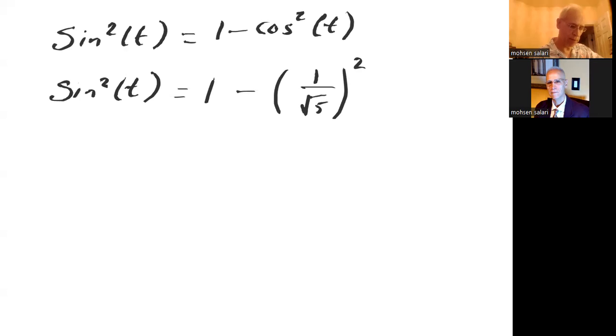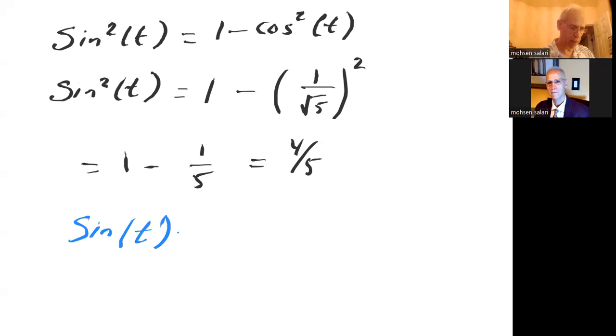And so it's going to give me 1 minus 1/5, which is 4/5. And so that tells me that sine of t equals plus and minus 2 over root 5.